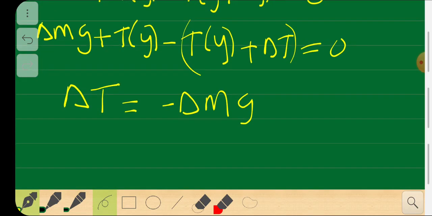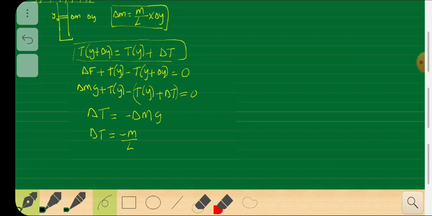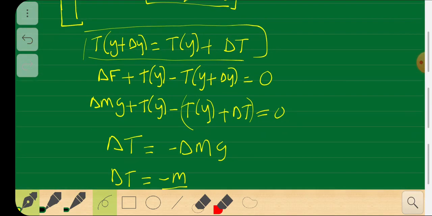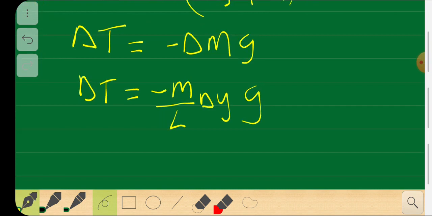So now you can write down that delta T must be equal to minus m by L, which is the mass. The mass delta m will be m by L times delta y, right? So minus m by L times delta y times g. Okay, so now you can write it in a different way.